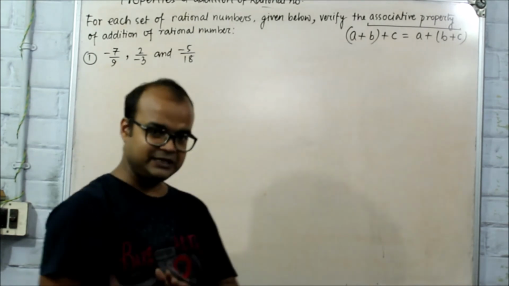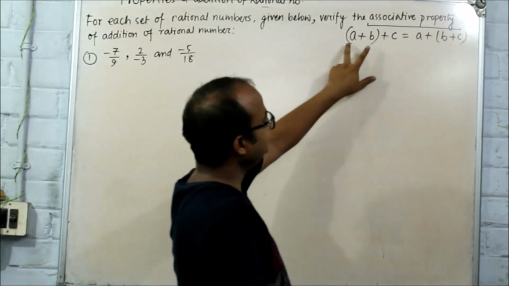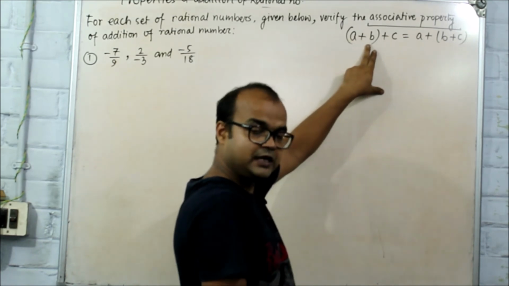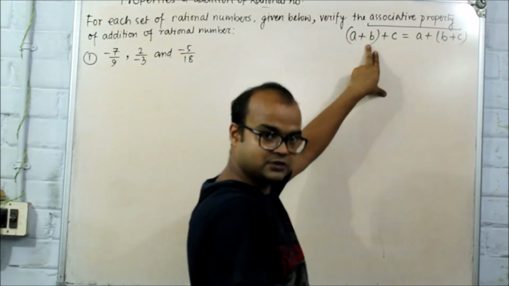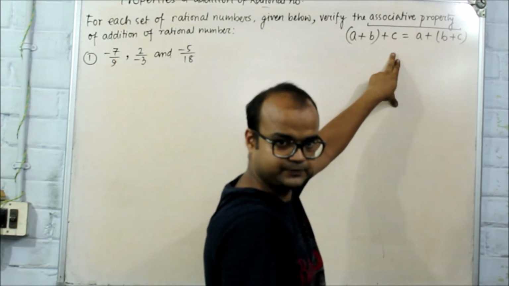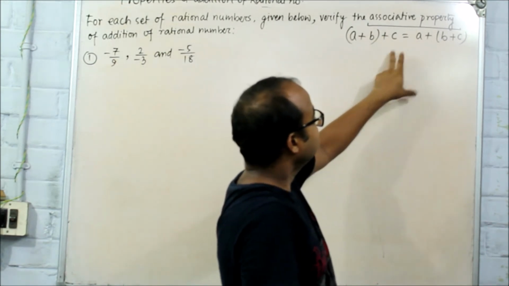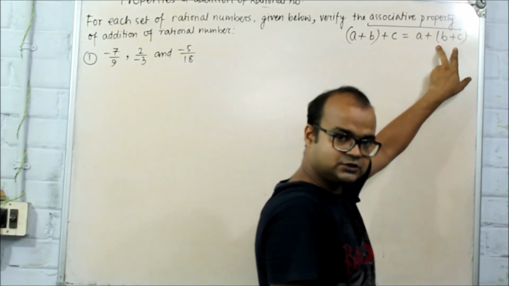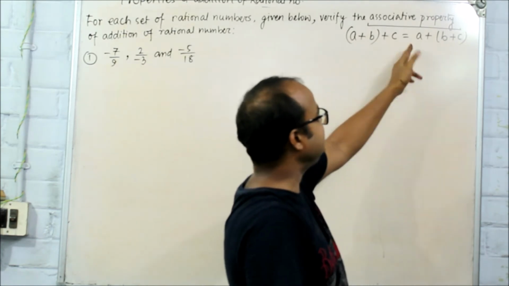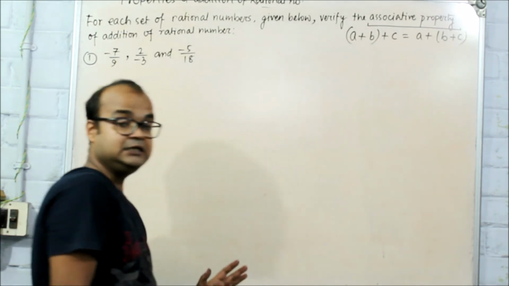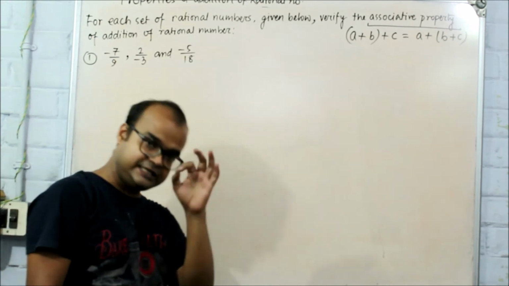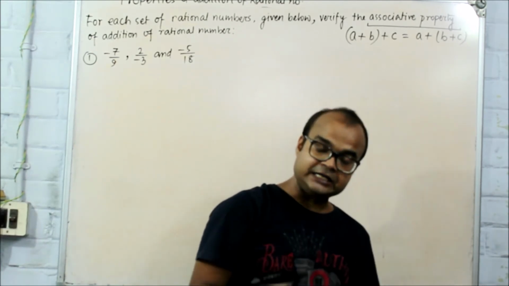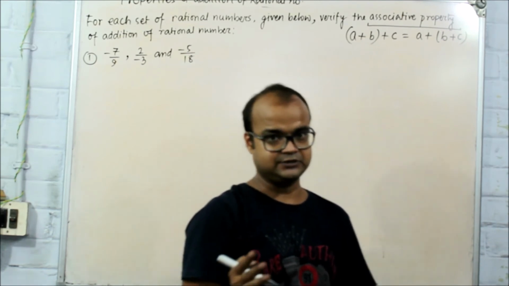I already explained in the last part, but still, that means first add these two numbers and with the result you need to add the third one. Clear? That means add first these two and then with the result add the other. Now this means that in case of addition, which two numbers you are adding first is irrelevant.